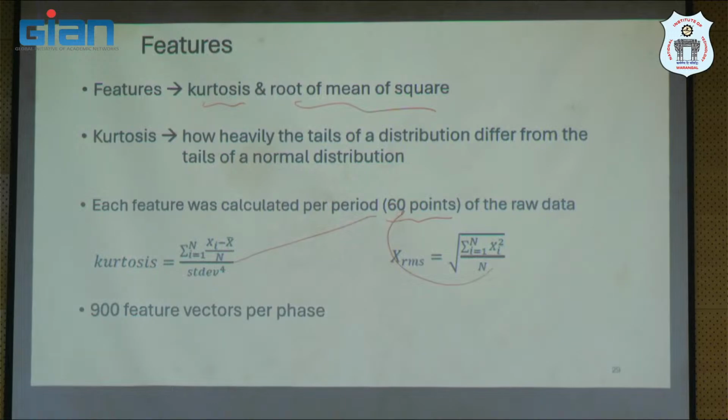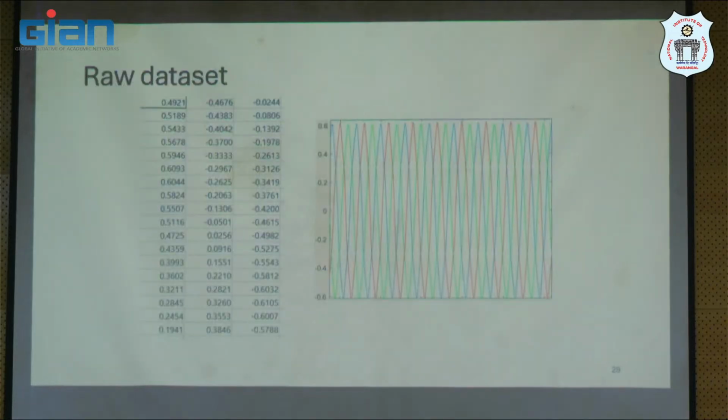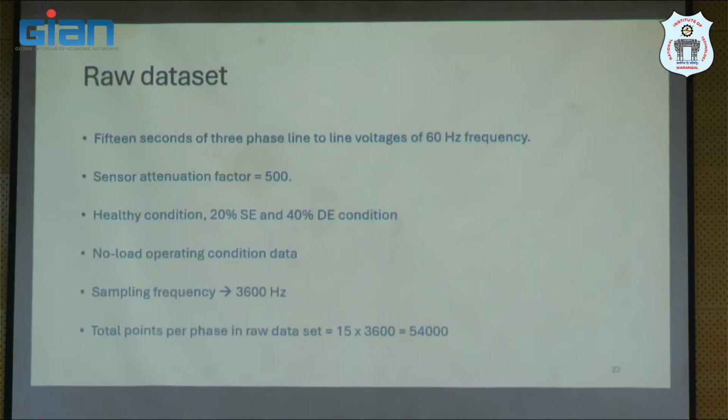Is it clear? So basically, the 54,000 data points, if I divide by 60, I would get 900. So I will take 60 points from the 54,000. 60 points represents one sinusoidal cycle.